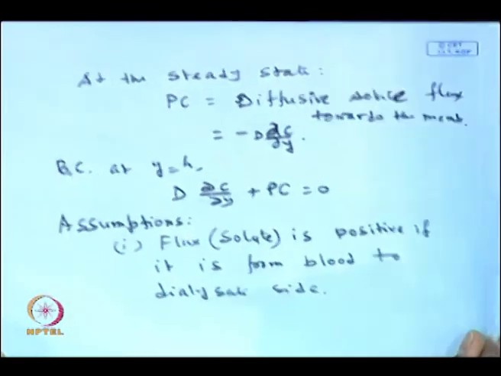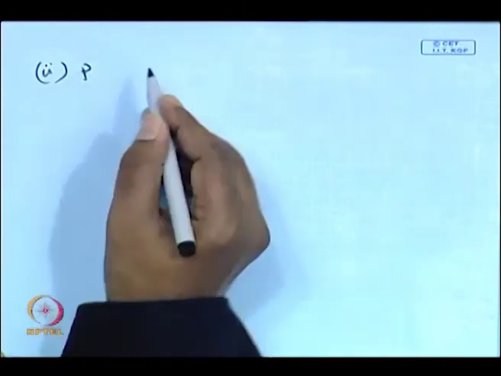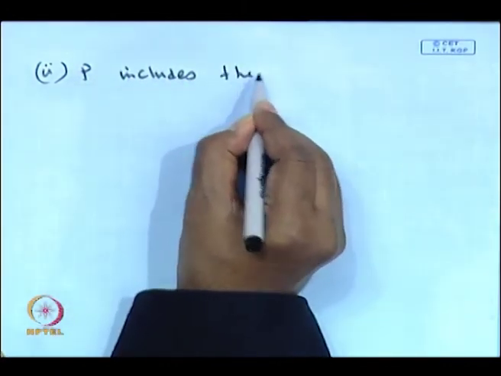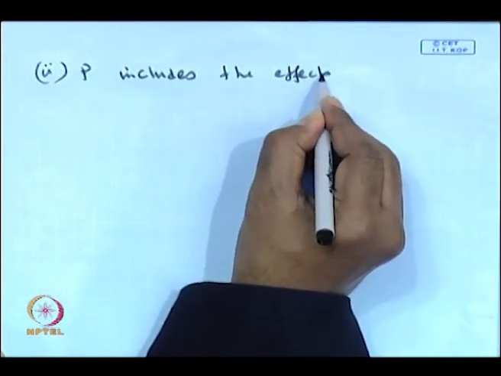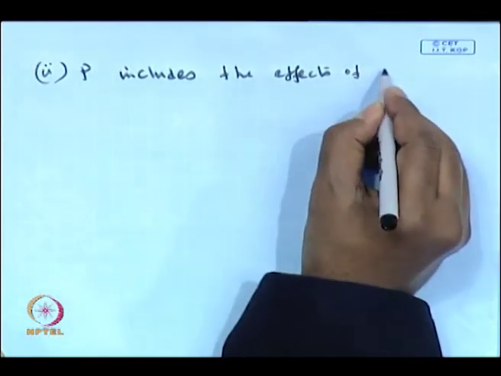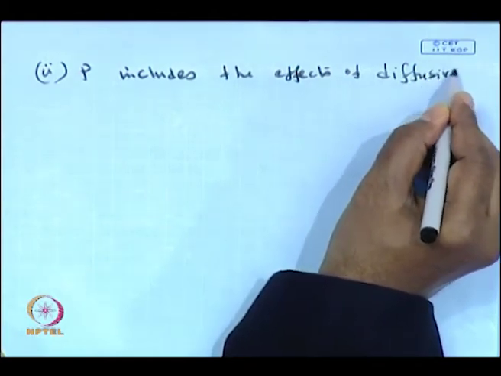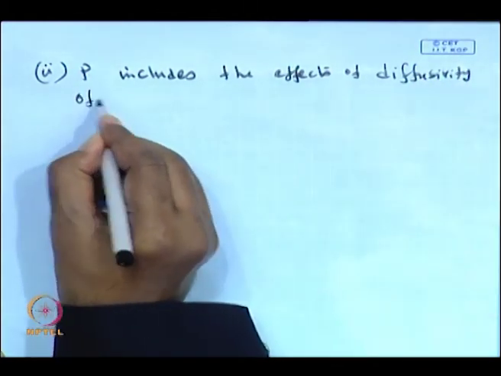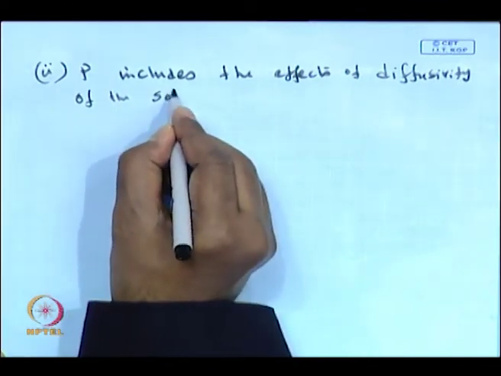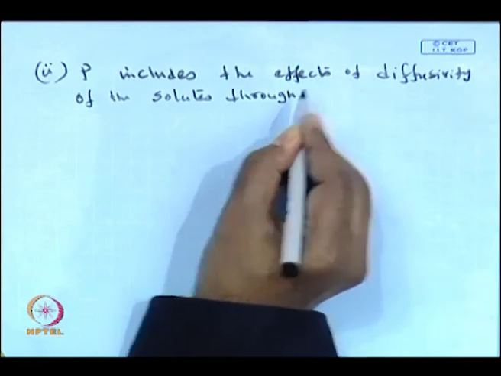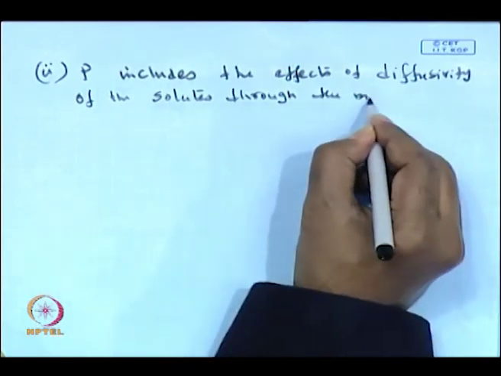Okay. The second assumption is the parameter P includes the effects of diffusivity of the solutes through the membrane.